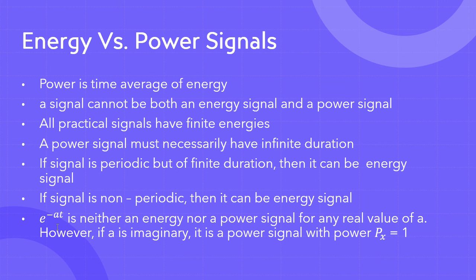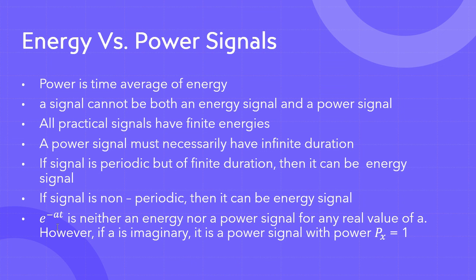In mathematics we use i, in electrical engineering sometimes we use j. So basically a complex number is of the form y is equal to a plus ib. So if you are taking the imaginary part, then the signal can be a power signal with power of 1.